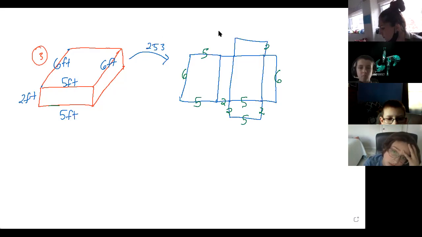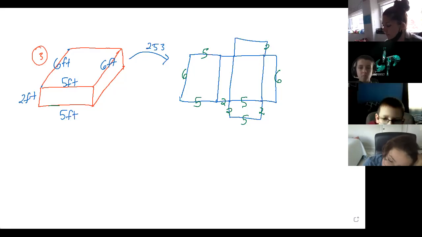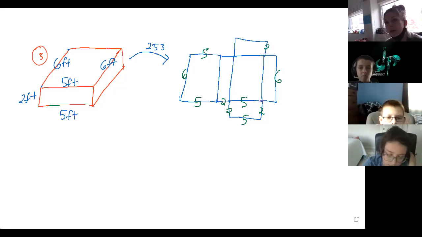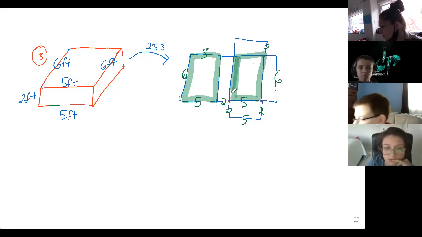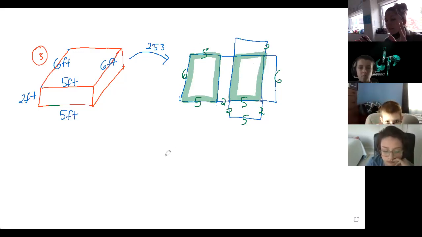We made this suggestion in the other class: when you have a figure that has differently shaped surfaces, different rectangles, you can label them AA, BB, CC. You can label them stars and hearts or whatever you'd like. Or your last option was to shade them. So if this is the green shape, here's the other green shape. Can you see that? Some people like the very visual version of, hey, there's my green rectangles.